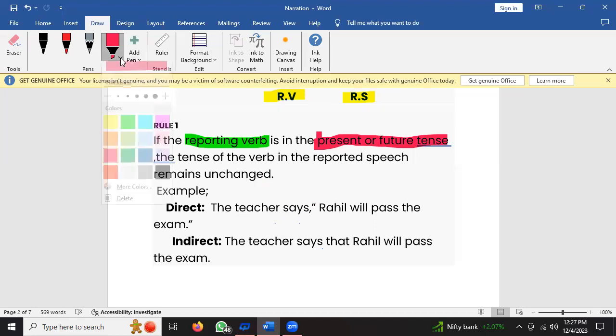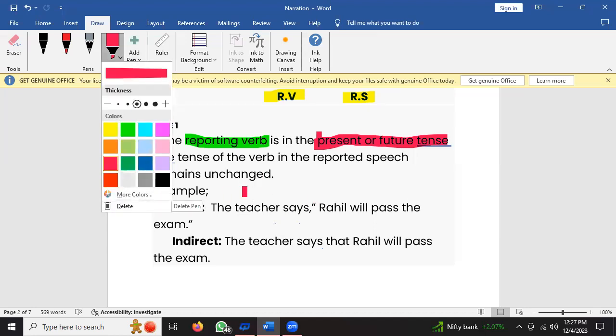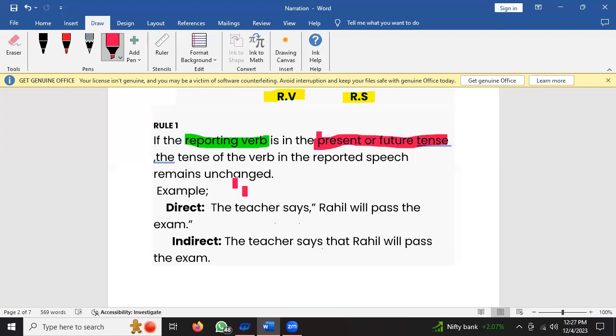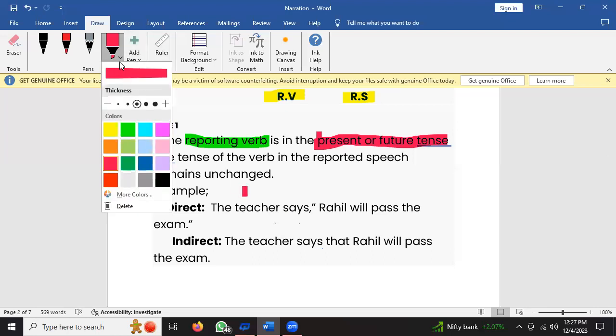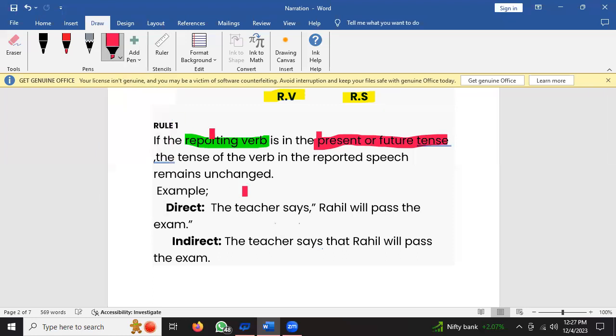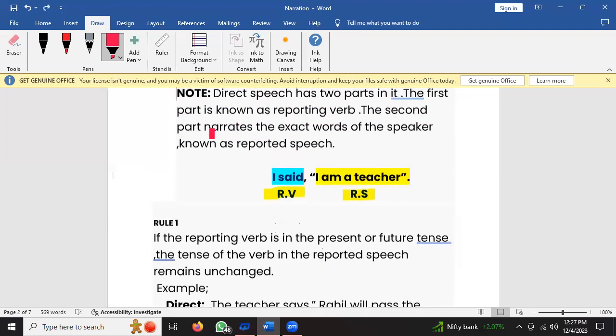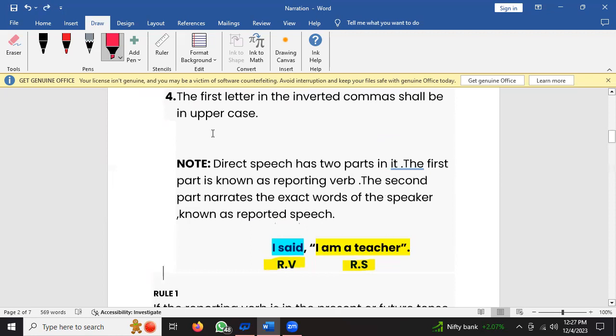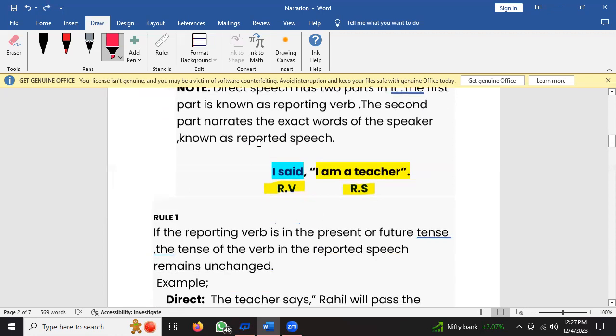Listen, so let's get it clear. This is a sentence. Look at the sentence. This portion of the sentence is known as reporting verb. And this portion of the sentence is known as reported speech.